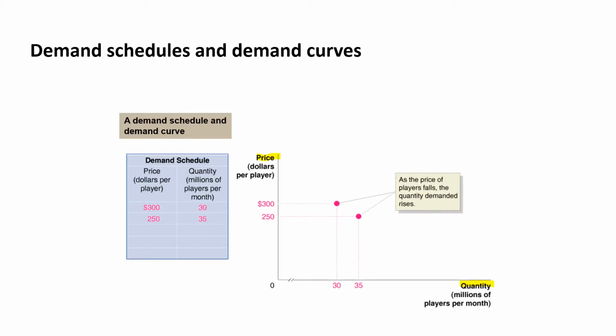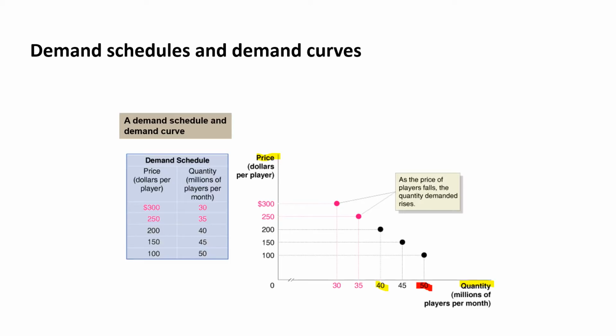As the price of the player falls, the quantity demanded rises. At the price of 200, the quantity increased to 40. When the price dropped to 150, the quantity increased again to 45. When it reached 100, the quantity demanded reached 50.